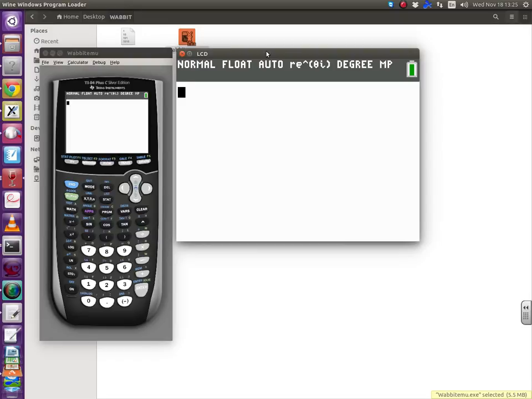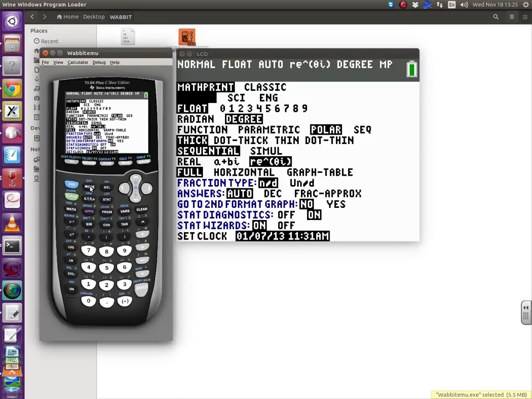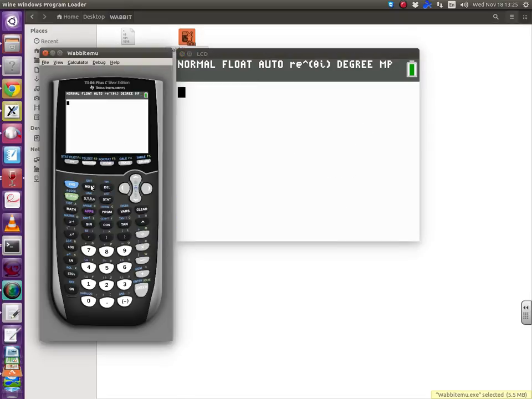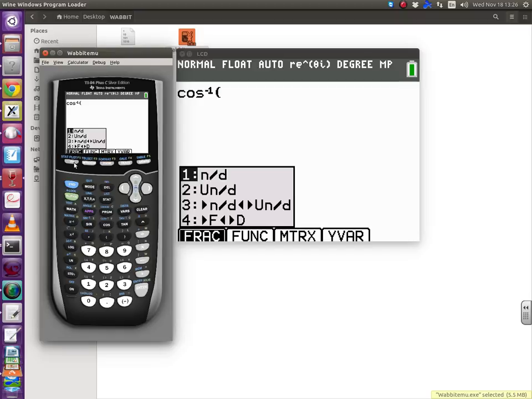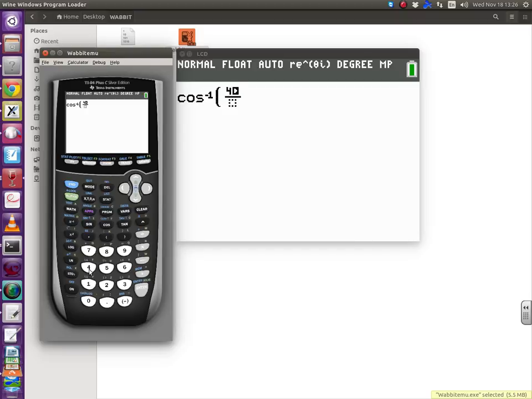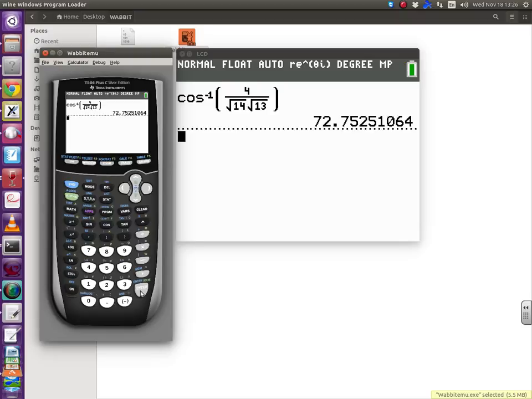All right, so if I'm in degree mode, I want degrees for today for some reason. You don't have to do degree mode, but second cosine. Now, how about this? Alpha y equals 1 of 4 over rad 14, get out of the rad, times rad 13 in the denominator, get out of the rad, get out of the arc cosine, and you get 72.753 degrees.